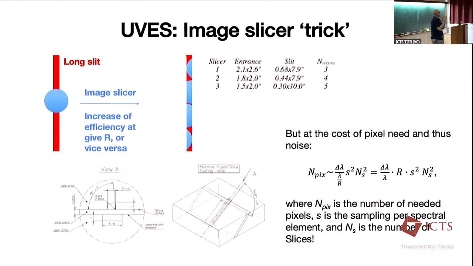So you're still at the equivalent of 0.3 arcseconds. The light is just redistributed along the slit.